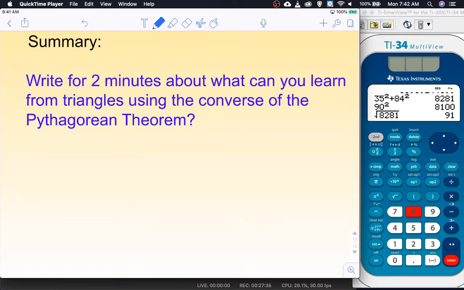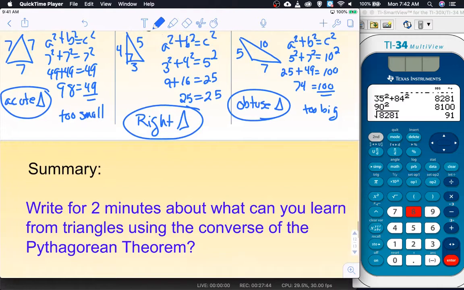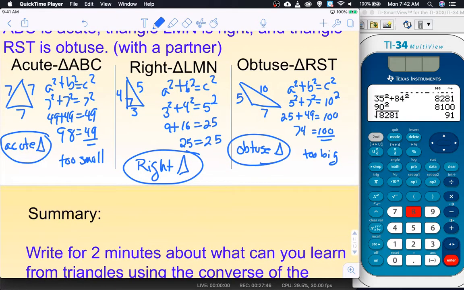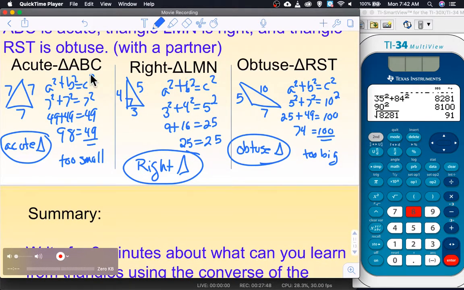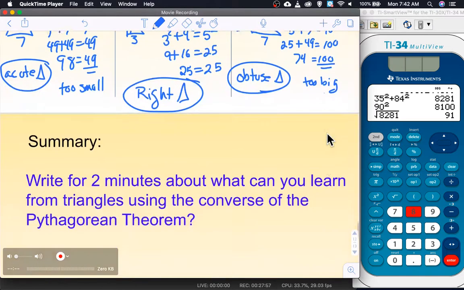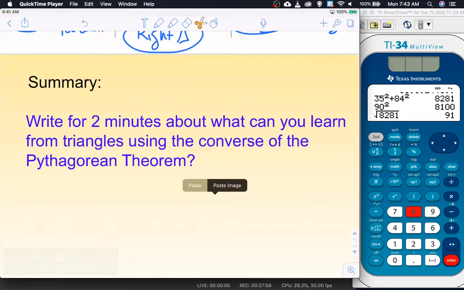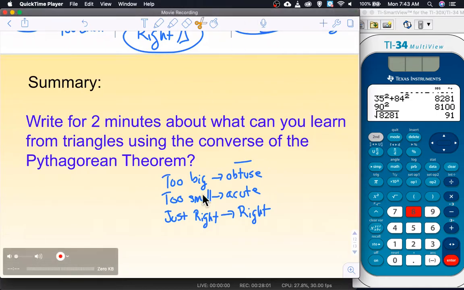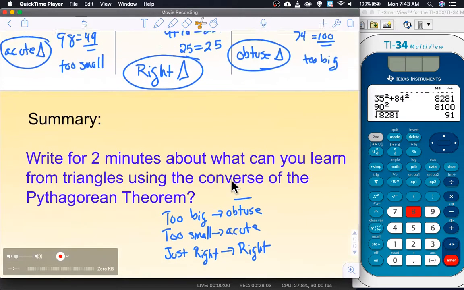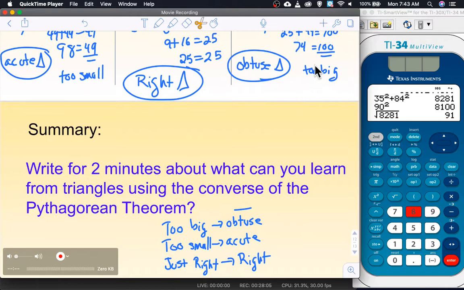The whole point of the thing is, you can figure out what type of triangle you're looking at based on the 3 side lengths. I'll just use this picture here, you could figure out if the thing you're looking at is a right triangle, an acute triangle, or an obtuse triangle by looking at the hypotenuse. If your hypotenuse is too big, you have an obtuse triangle.